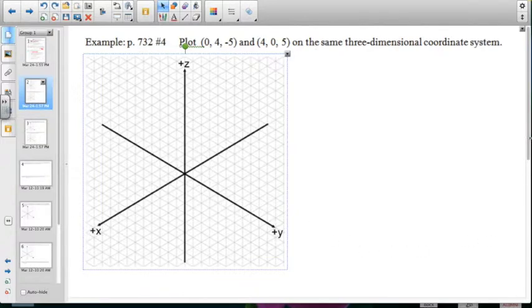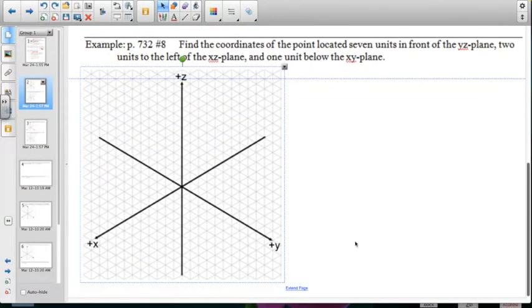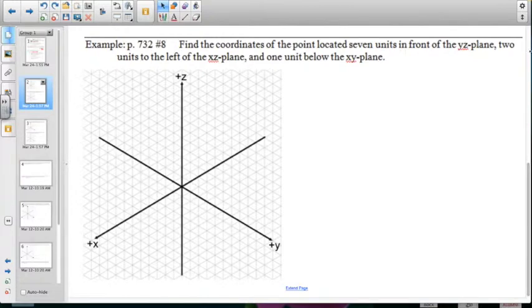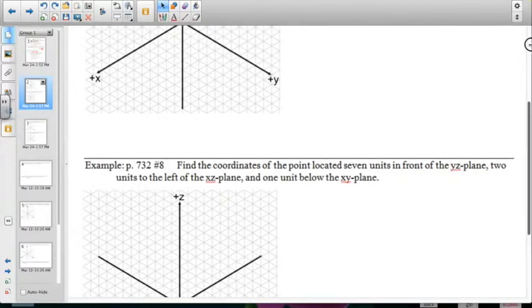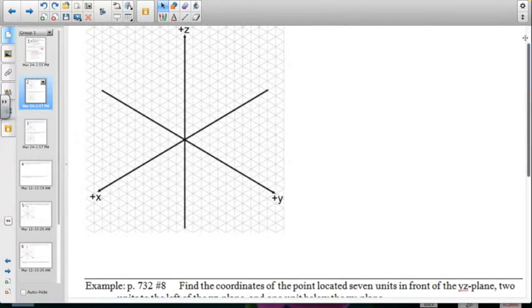We'll try to give you a visual as to what that's like.